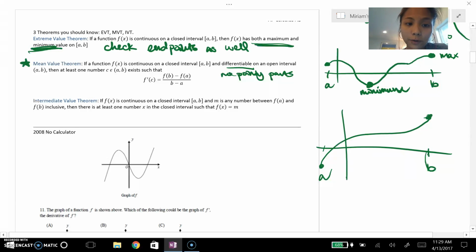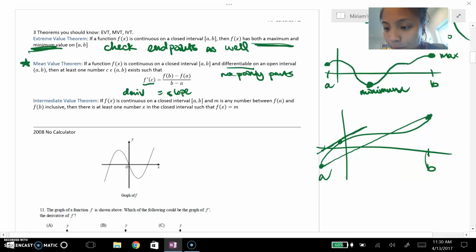Then there is a number such that the derivative equals the slope. Okay, so that means take a, take b, take the slope of the line that connects them. So that's the slope. Then somewhere in between, there is one point at least that the derivative at that point is exactly equal to the slope from a to b.